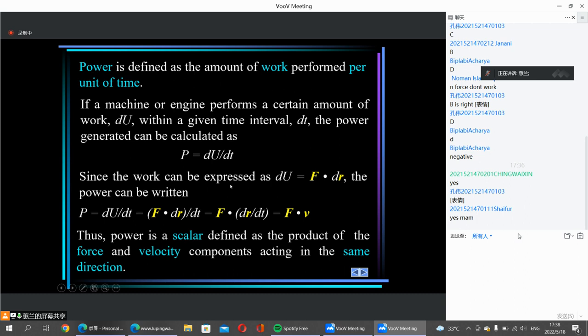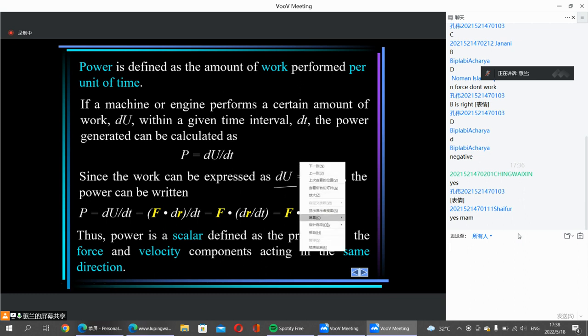And since the work can be expressed as dU equal to F dot dr, what does it mean? U, this is the element work, right?